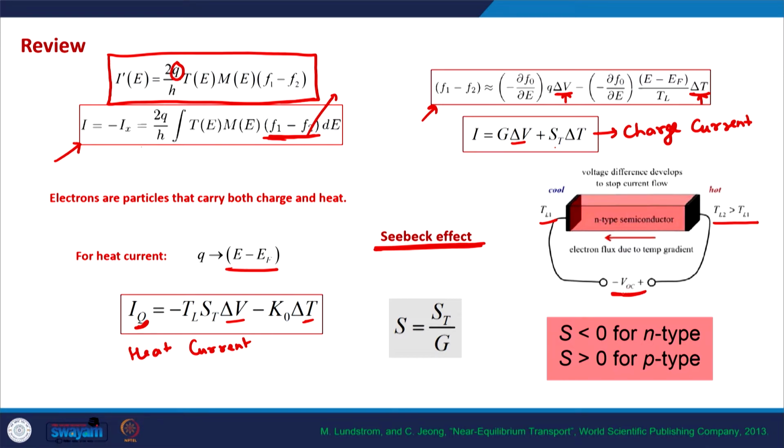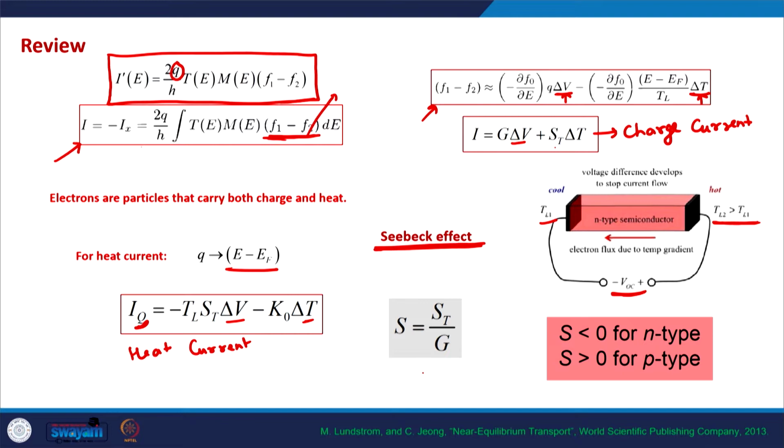If the semiconductor is open circuited, we have not connected anything, and if we connect the semiconductor to an external electronic circuit, in that case this will supply a current to the external circuit. So it means that we are converting heat, essentially the temperature difference, to electricity.